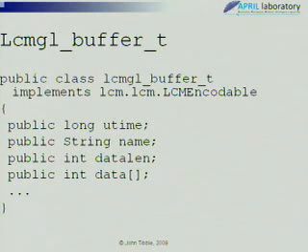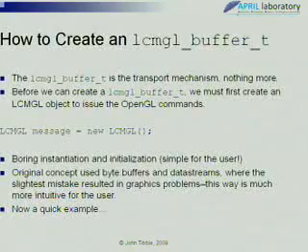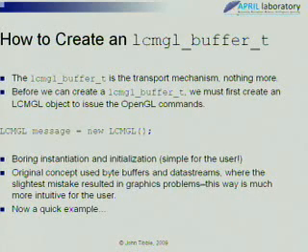This is the header file for the Java implementation of the LCMGL buffer T. It consists of a time in microseconds, a name, a length of binary data, and then the binary data itself. This is how you would create an LCMGL buffer T. An LCMGL buffer T is actually the transport mechanism, nothing more.